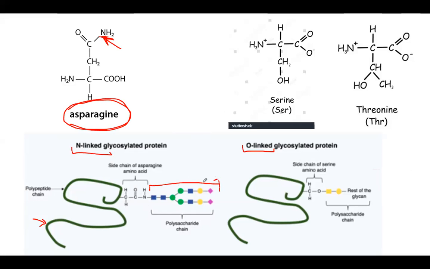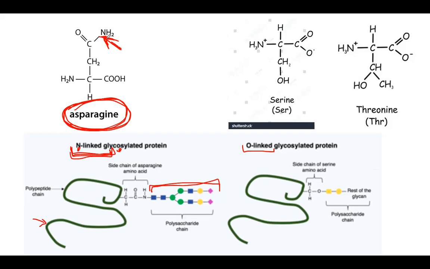So the main concept that I'm trying to get across is that if you have N-linked glycosylation, which means a sugar being attached to a nitrogen, you need the amino acid asparagine to be present because asparagine has nitrogen. So only if asparagine is present can N-linked glycosylation occur.